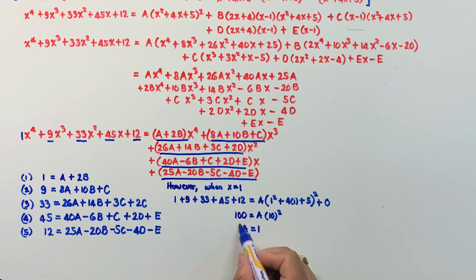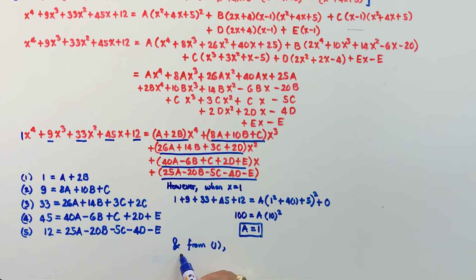Therefore, a is 1. So when a is 1, from equation 1, we have 1 which is equal to a, which is 1, plus 2b, then b is 0 here.